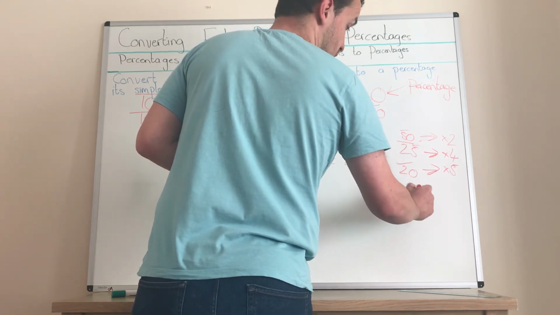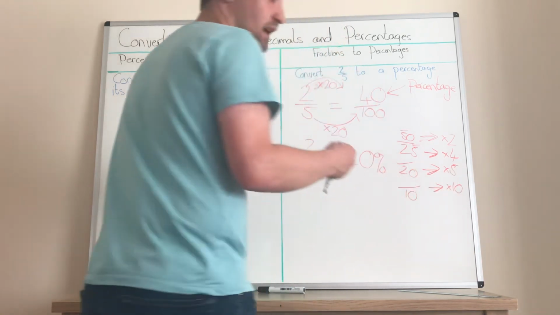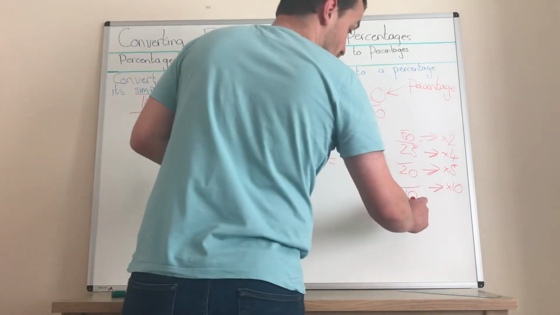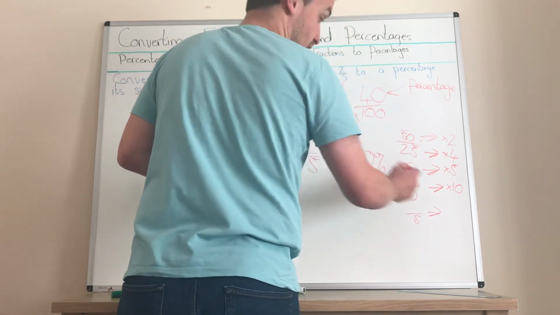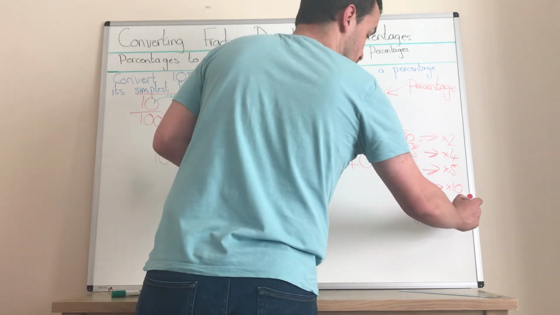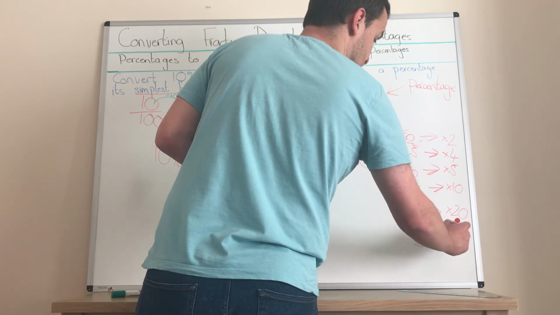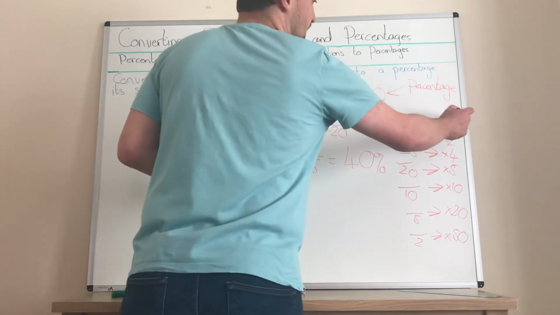Over 10, we times by 10. All of these are so that we can get the fraction out of 100, so we can get it into a percentage. Over 5, we times by 20 like we did here. And over 2, we times by 50.